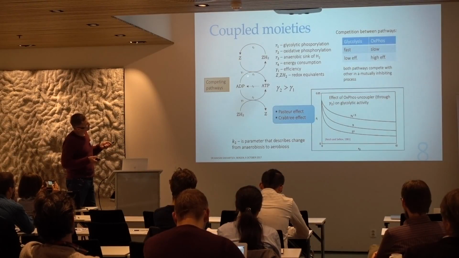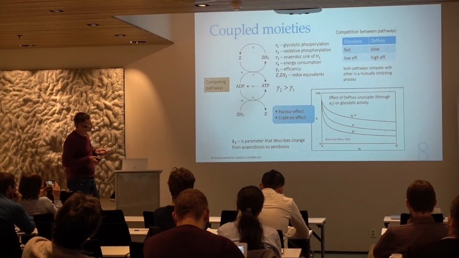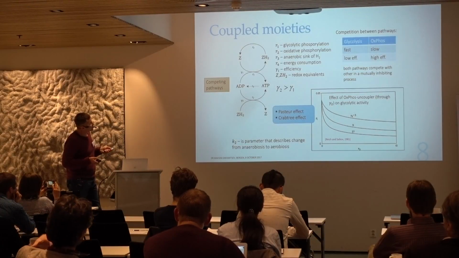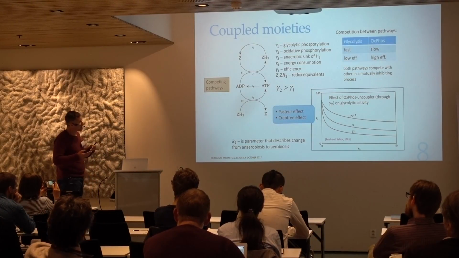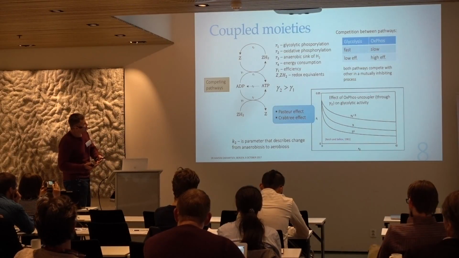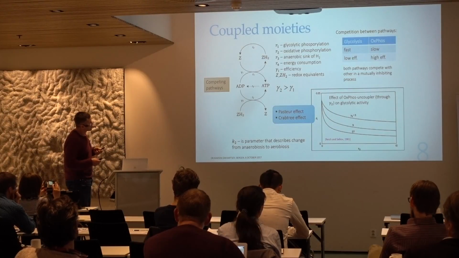For example, microorganisms can synthesize ATP via glycolytic phosphorylation or via oxidative phosphorylation. So there is a competition between these two pathways for ADP as a substrate. Depending on the environmental conditions and the efficiency of each of these processes, the system takes a scenario which already exists in the network, but is ruled by the environmental conditions and also regulation.